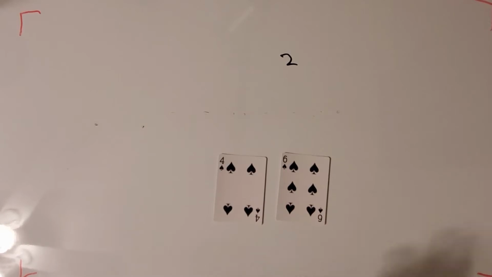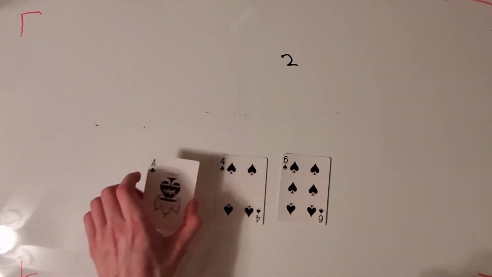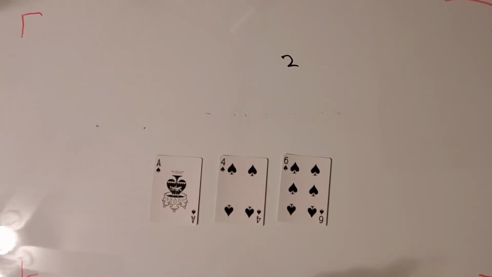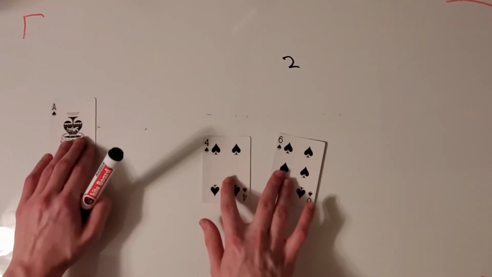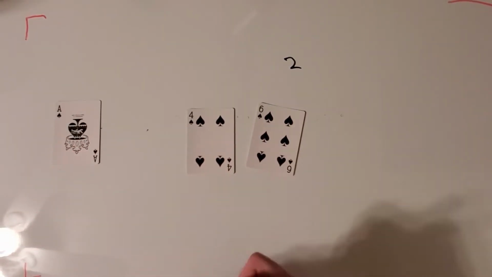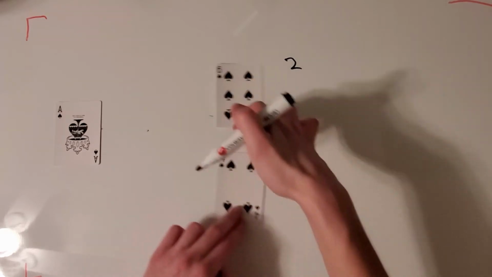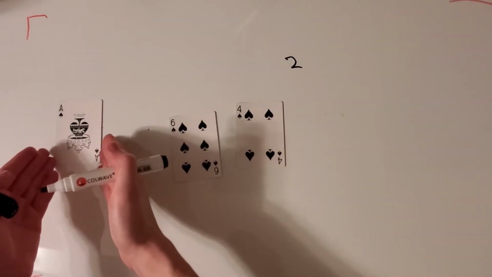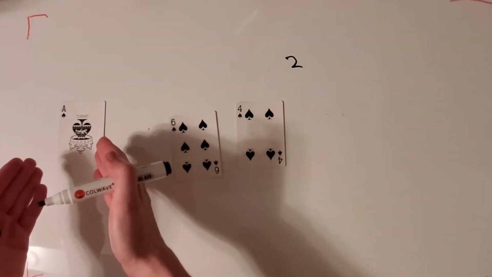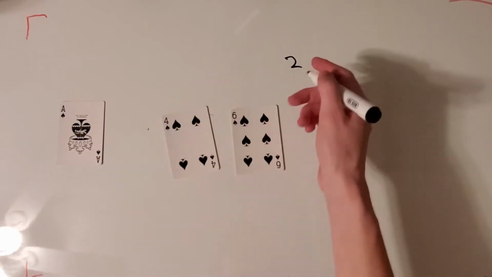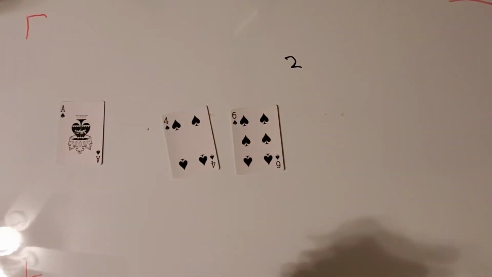Now, let's add a 3rd card to the mix. What we can do is take this 3rd card and separate it, and see that for the 3rd card being in the spot over here, there are 2 different ways to arrange the remaining cards.